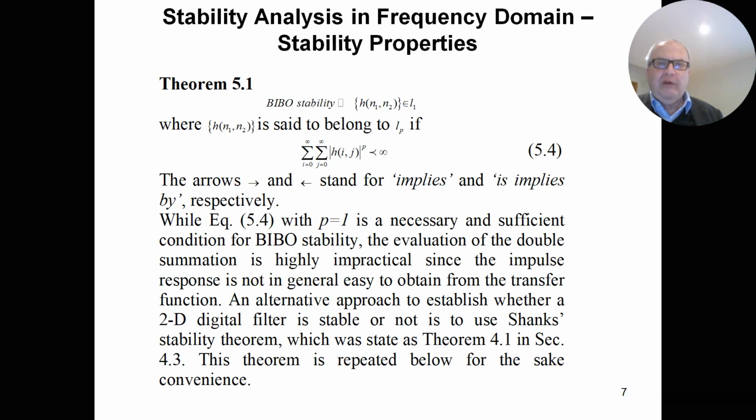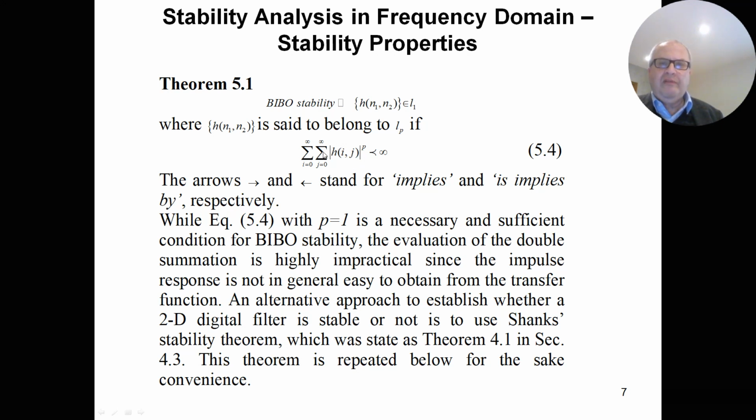The first theorem that we learn is that a system is BIBO stable, that means bounded input, bounded output stability, if we have this condition. This condition means that p is an integer value, and this condition is a necessary condition.